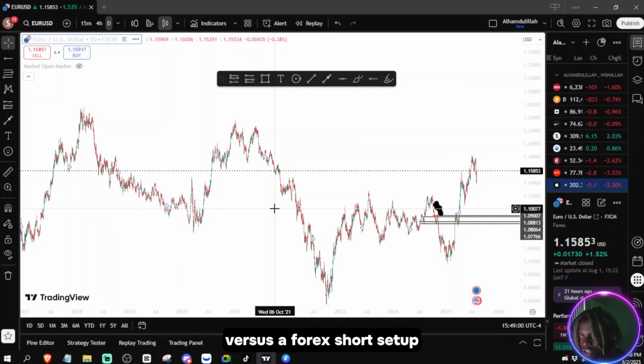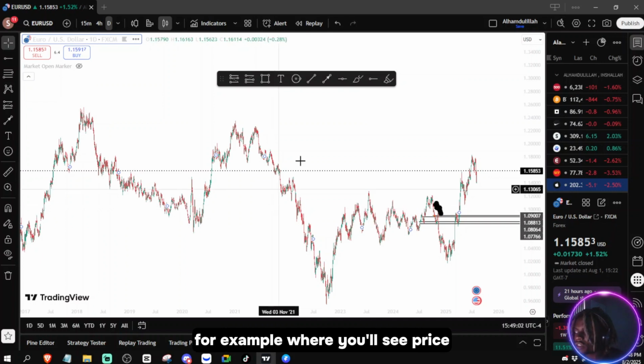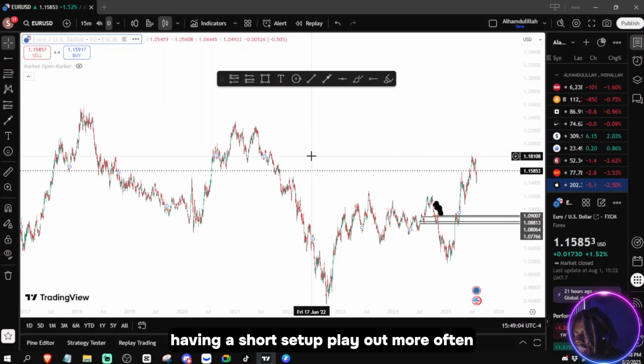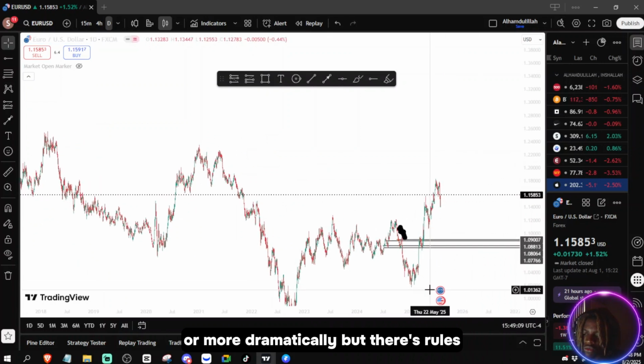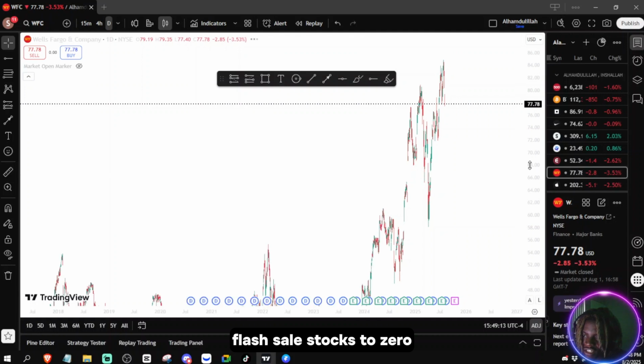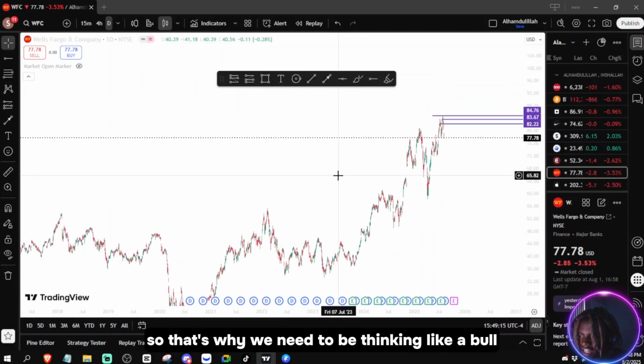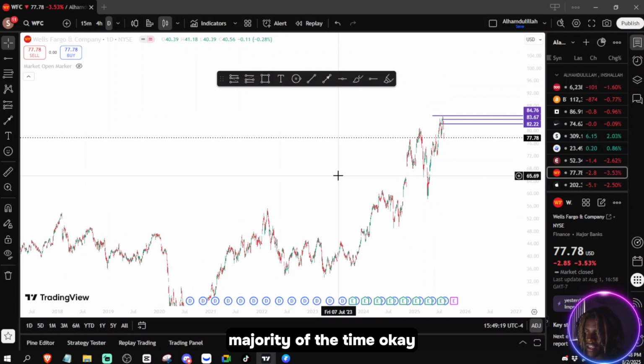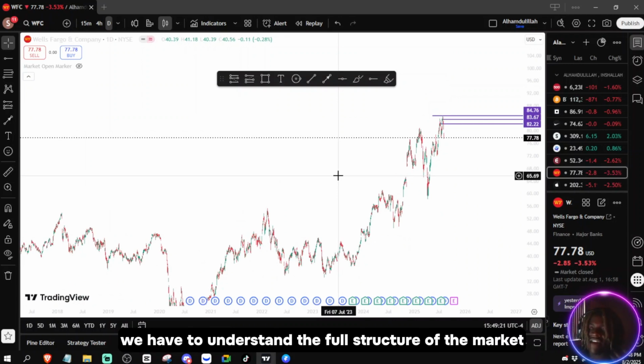Versus a forex short setup, for example, where you'll see price having a short setup play out more often or more dramatically. But there are rules, restrictions, and regulations in place to not flash sale stocks to zero. So that's why we need to be thinking like a bull the majority of the time. Okay, so in order to think like a bull, we have to understand the full structure of the market.